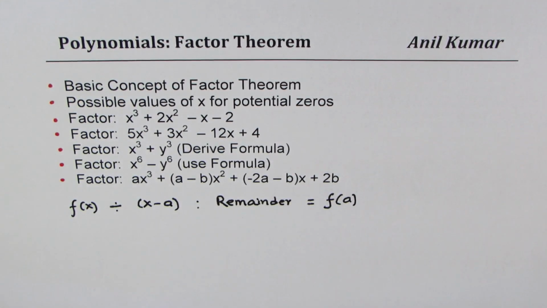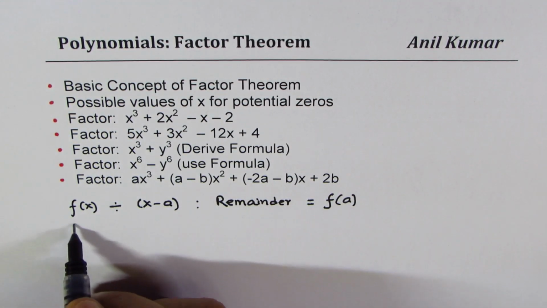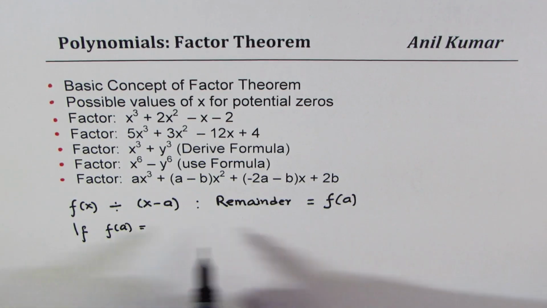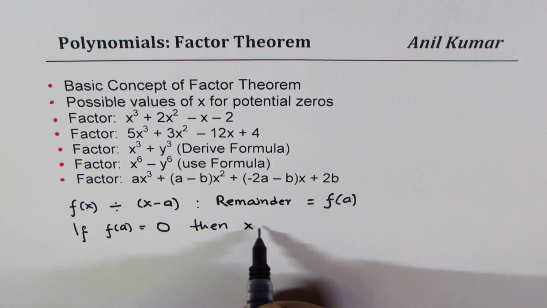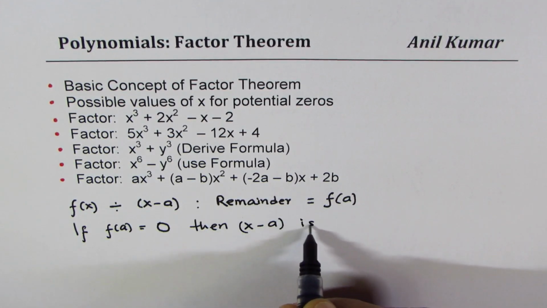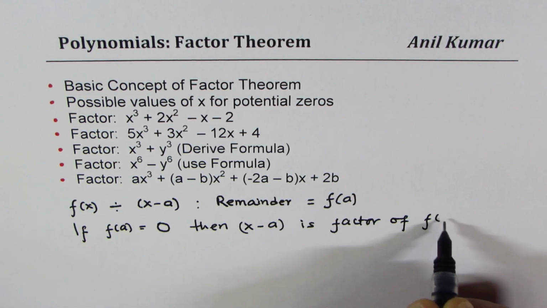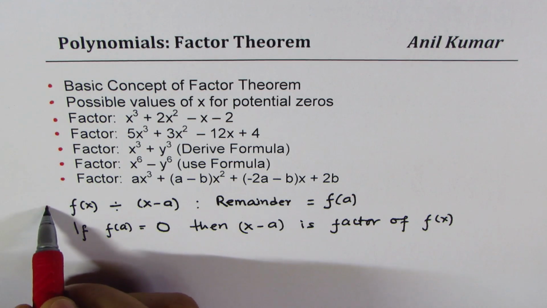That brings us to the definition of factors: if f of a, that is, the remainder, equals 0, then x minus a is a factor of f of x. Does that make sense? So if the remainder is 0, only then that particular term is a factor, correct? That is the basic definition of the factor theorem.